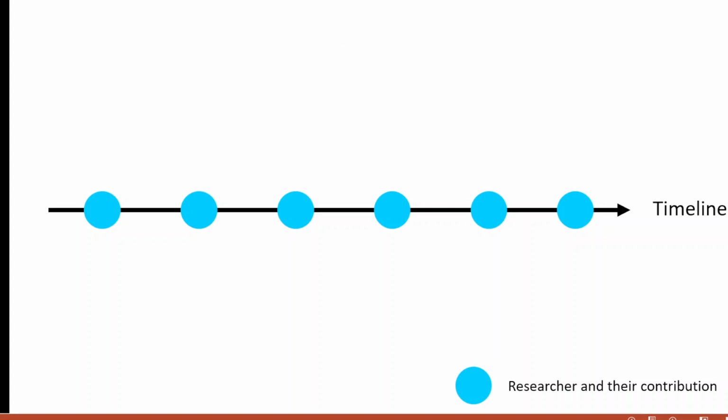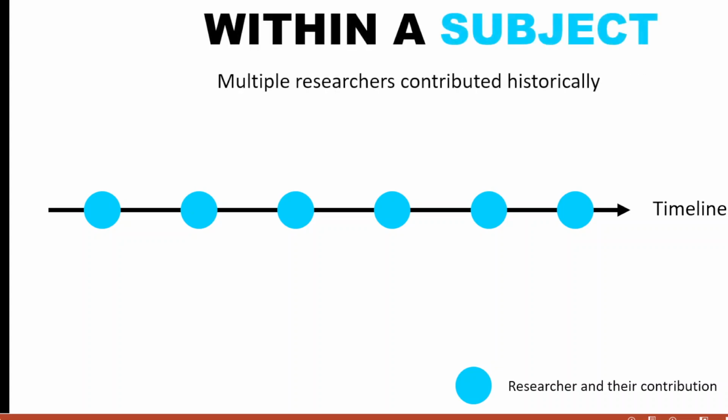Similarly, within a subject, there might be multiple researchers. Like in psychology, there is Freud, there is Watson, there is Beck. So all of these are different researchers in the subject of psychology.